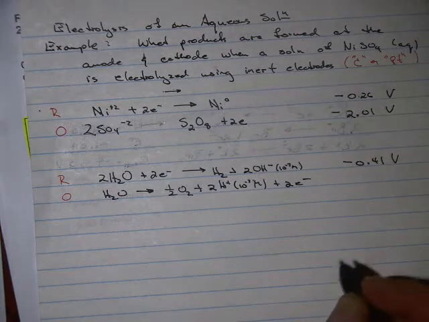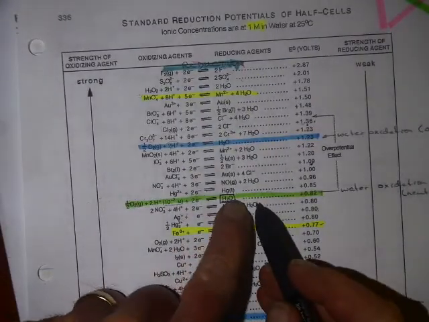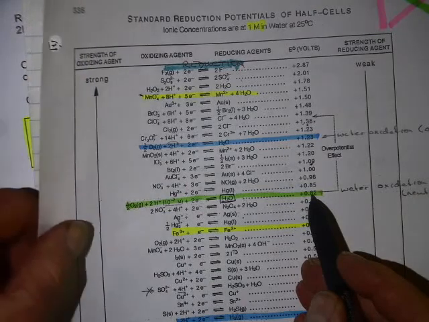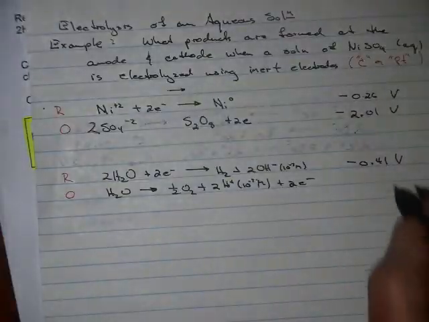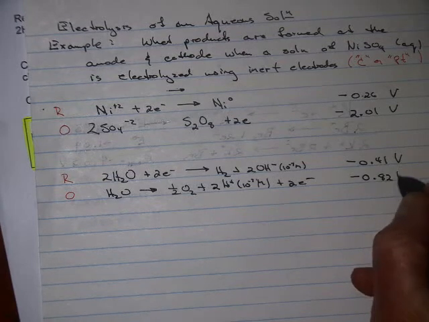And this is, it's way up here. We're pushing it back, so I have to change that to negative 0.82. So this is negative 0.82 volts.